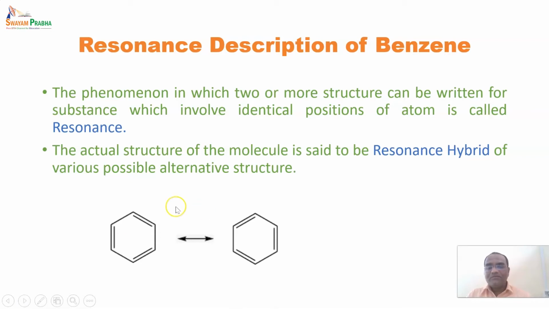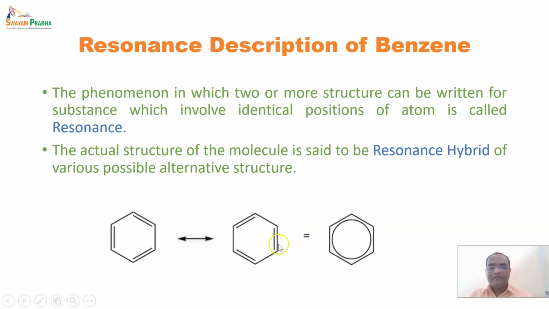The difference between these two rings is that the rings are similar, but the only difference is the alternate double and single bond. The position of the alternate double and single bonds is different in these two structures, as you can see here.